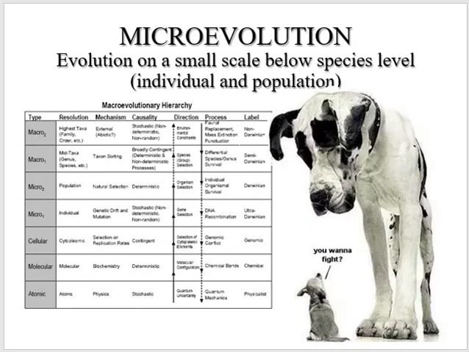So this would deal with not the formation of new species, though it can eventually lead up to that, but rather immediately dealing with the nuances that you would see in the genetics of a population, or the creation of subspecies, or what some individuals call races in a population.